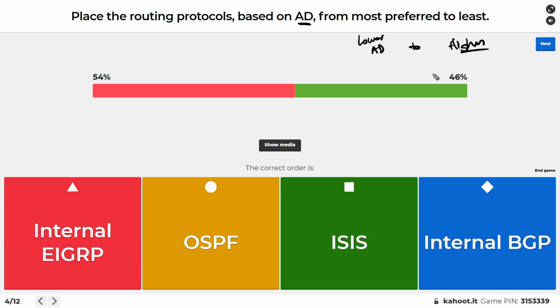So internal EIGRP has an administrative distance of 90, and OSPF has an administrative distance of 110. IS-IS, depends on what the meaning of is, 115, and internal BGP, which is terrible, is 200.